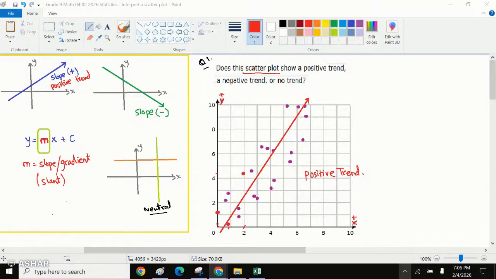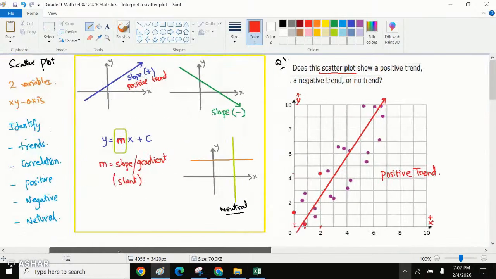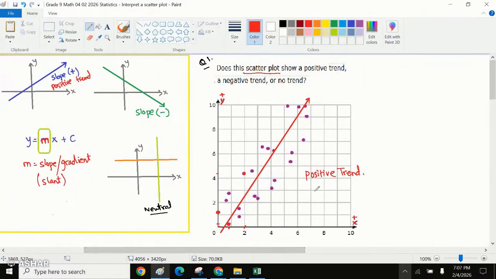Okay, let's see what is the meaning of a positive trend, right? Positive trend means that if x was increasing, then y is also increasing. That means both the variables.